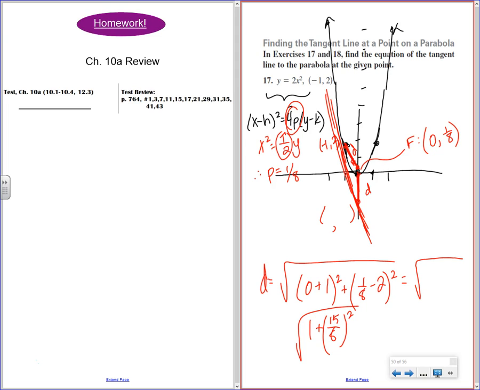I wish I still had my calculator. 15 squared is 225 over 64. 225 plus, I can make this one into 64 over 64. I would end up with the square root of 289 over 64. Hey, that's a perfect square. That's really nice, because the square root of 289 is 17. So I'm actually going to end up with the distance being 17 over 8.